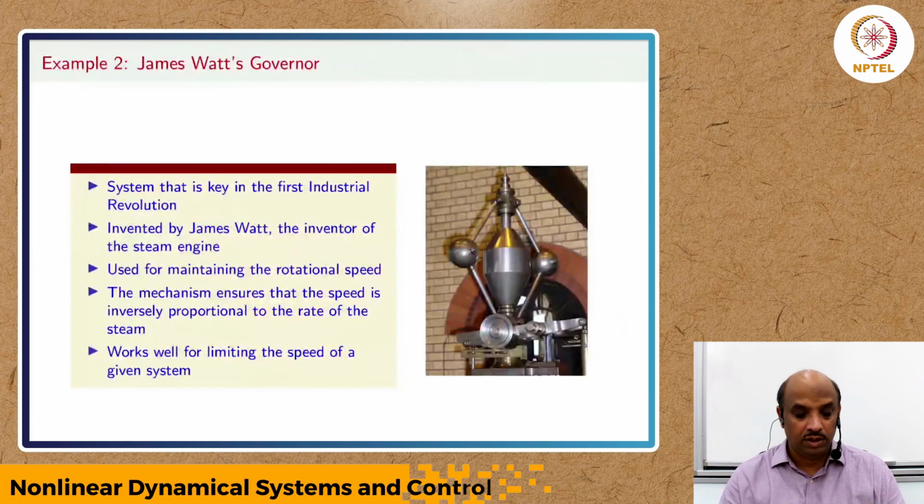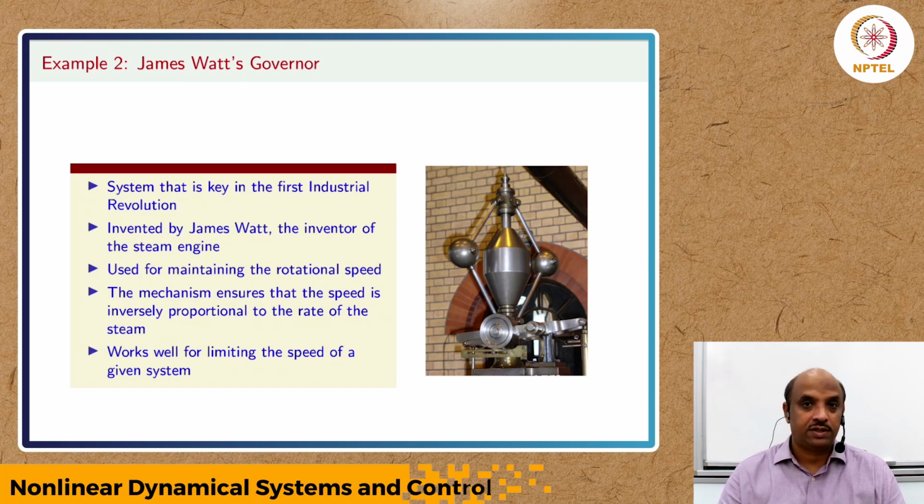The second one that I chose to describe is the so-called James Watt governor. This is another instrument that was essential and part of the first industrial revolution.